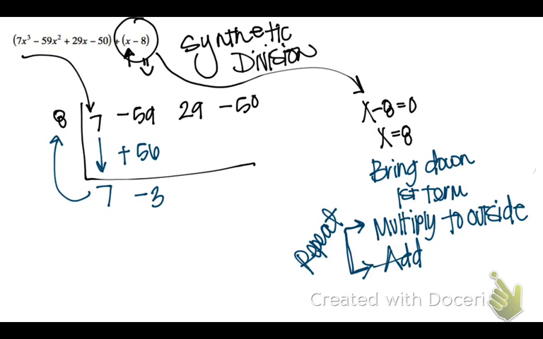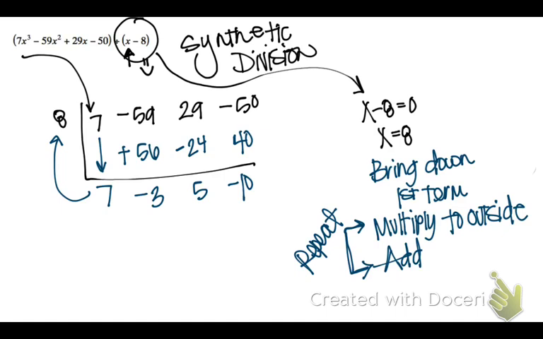So really all you're doing here is you're multiplying and you're adding, which are things you learn how to do in elementary school. So negative 3 times 8 is negative 24. 29 minus 24 is 5. 5 times 8 is 40. And then negative 50 plus 40 is negative 10.